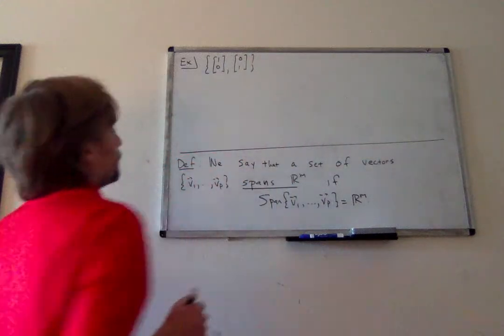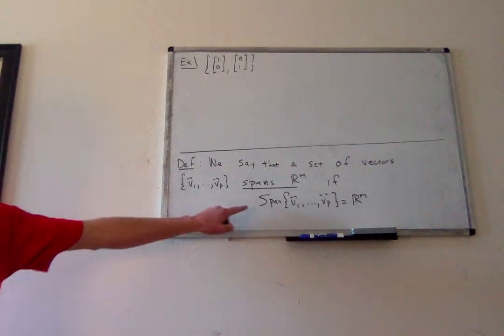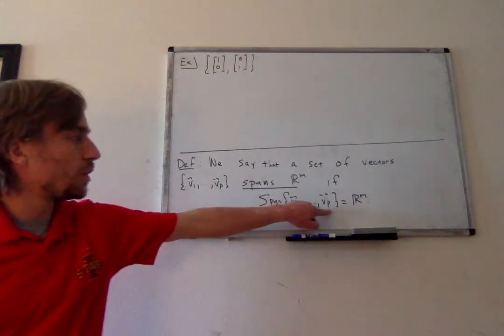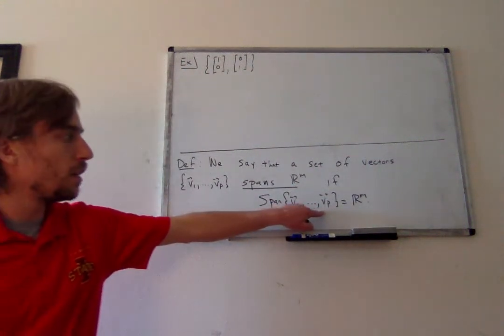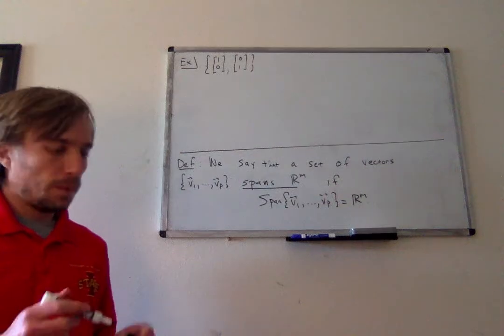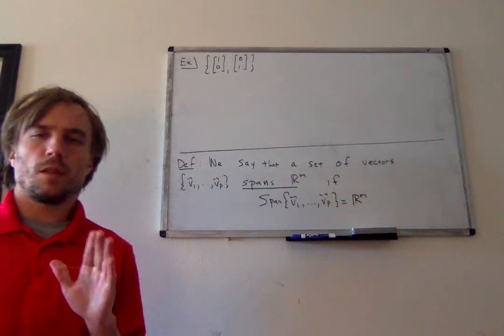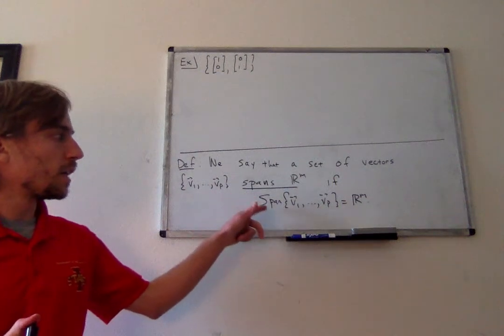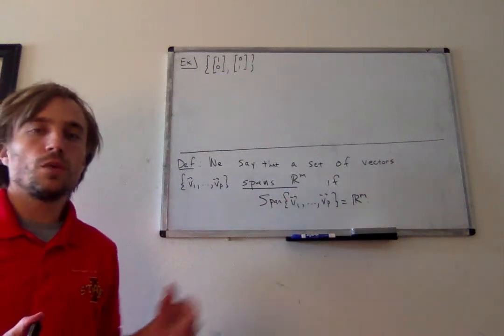So what we're saying here, right? Or sorry, let me repeat myself. Any vector I take in Rm can be written as a linear combination of v1 through vp.